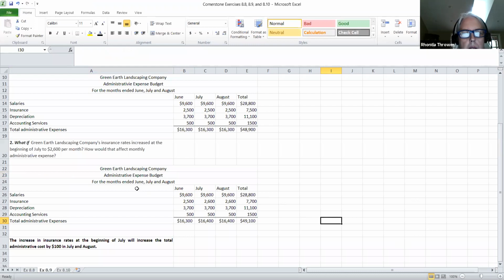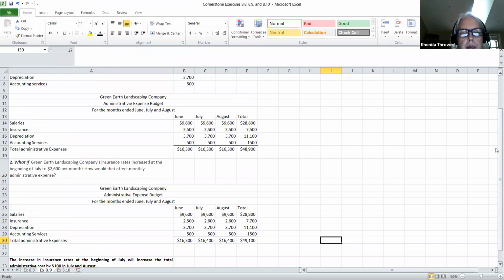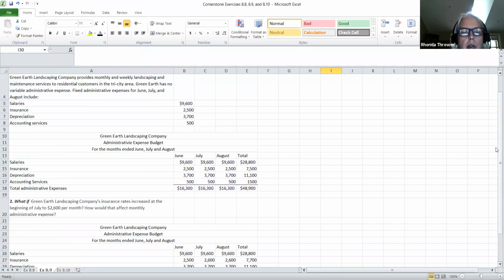All right. And so your administrative expense budget for the Green Earth Landscaping Company is going to be prepared for the months of June, July, and August. They told you that. And they only had fixed expenses here. So they could have had some variable expenses, but they chose only to show the fixed expenses.